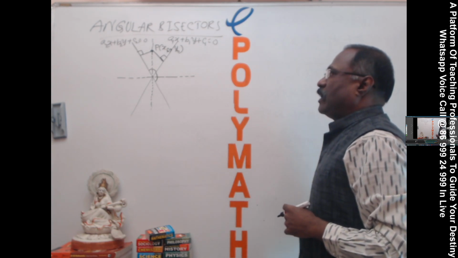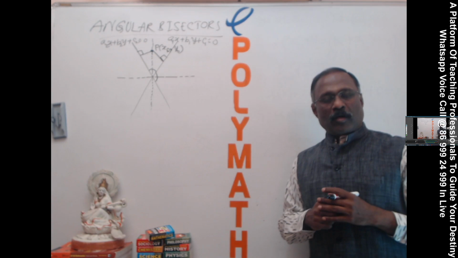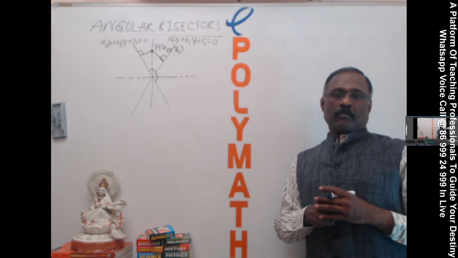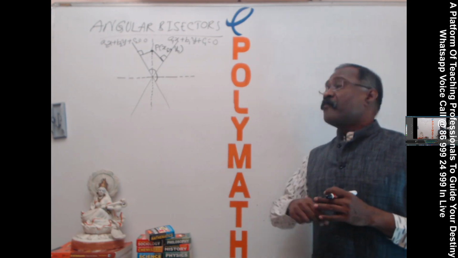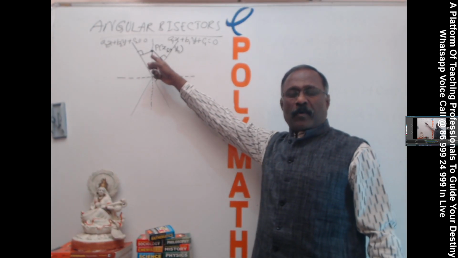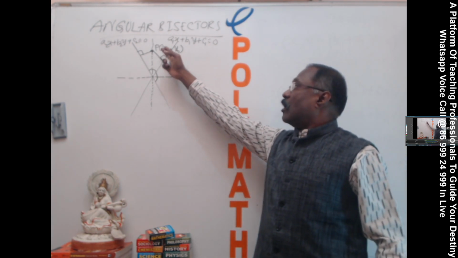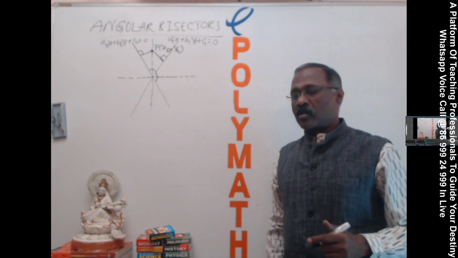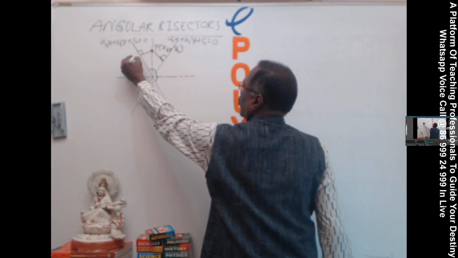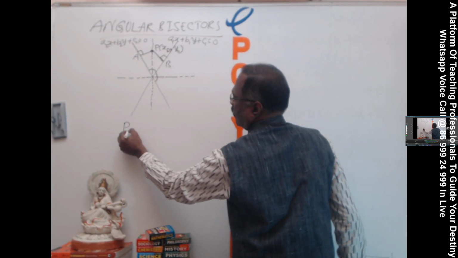This is the property I want to remind you. Take any point on the angular bisector; it is always at equal distance from the lines. That is, this is PA, this is PB. So your PA is equal to PB.